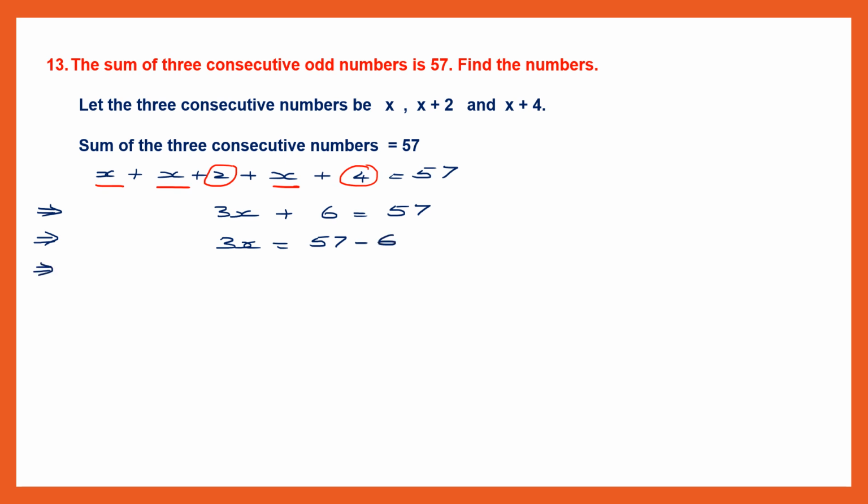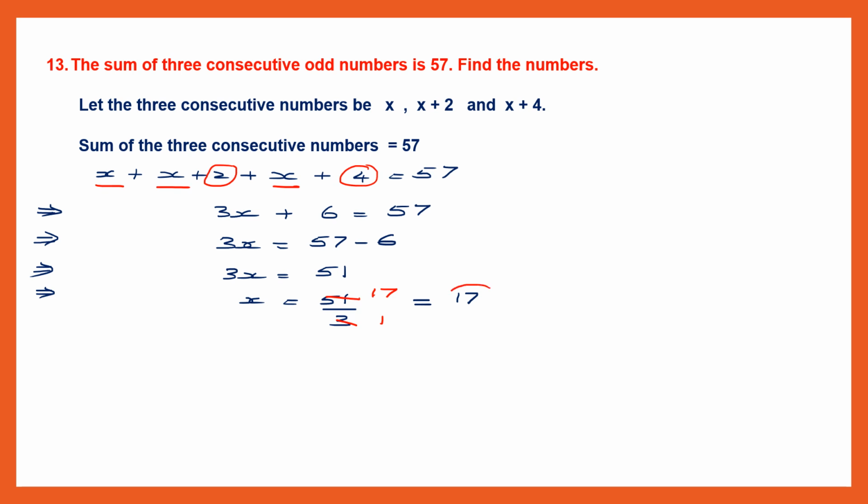So let's do that. 3x is equal to 57 minus 6 is 51. That means x is equal to 51 by 3. Let's cancel. 3 ones are 3. 3 into 17 is 51. So we have found the value of x. x is equal to 17.